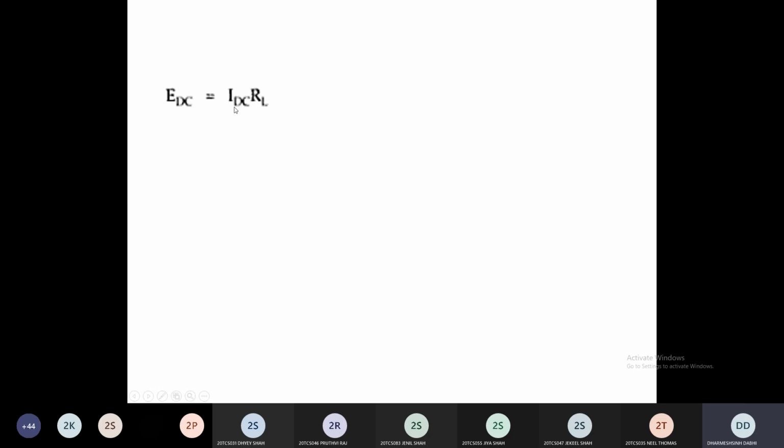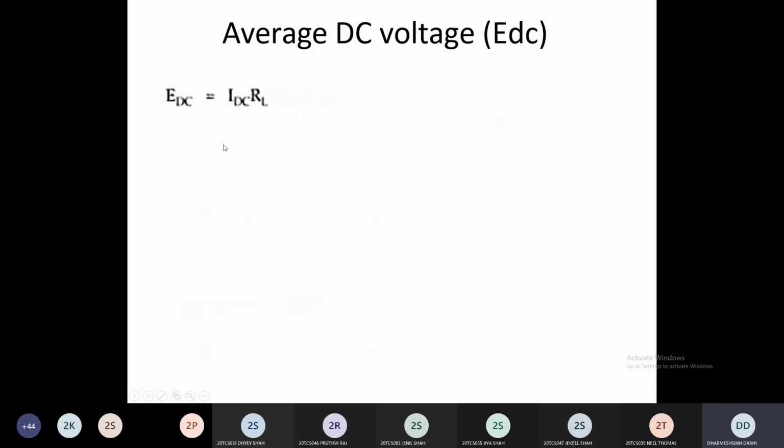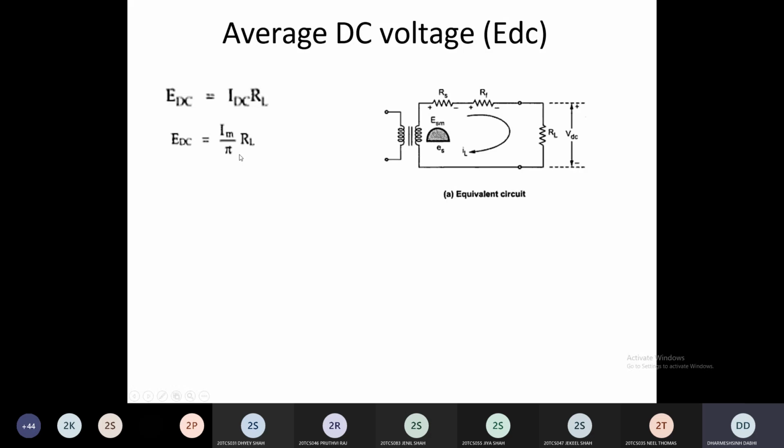So that is the average current flowing into the load, I into RL. As you already derived the equation of IDC, average DC current, that is Im by pi. So replace this value here: Im by pi into RL.